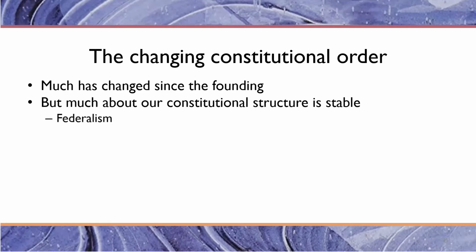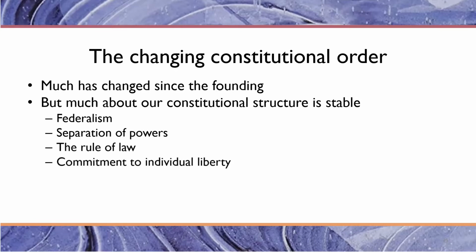As you know from the prior video, the separation of powers, federalism, the rule of law, a commitment to individual liberty, the sanctity of private property, and the idea of civil rights are all important features of our constitutional system. It doesn't mean that they've been the same throughout the last 240 years, but that they all play a role in the making of public policy because they play a role in politics.